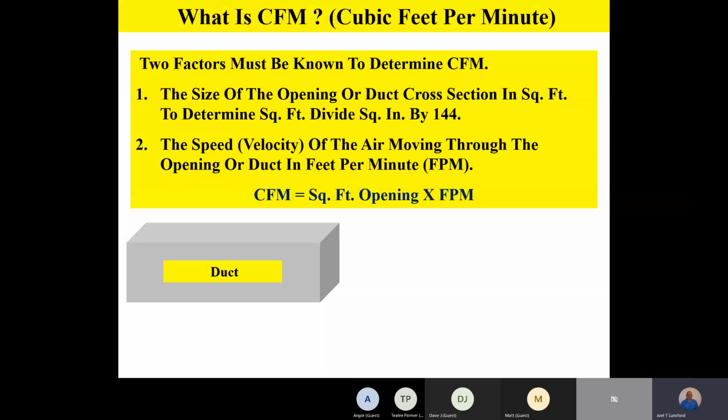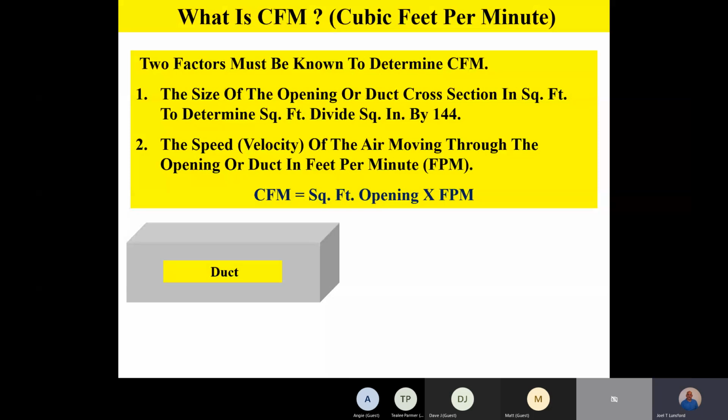Based on recommended velocity standards set forth in Manual D, residential duct design, at 725 feet per minute velocity, that 16-inch round duct would be good for a 2.5 ton unit in this example.